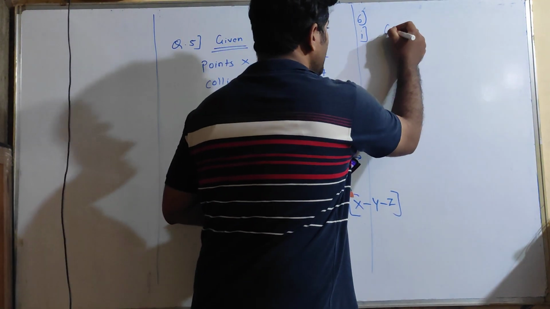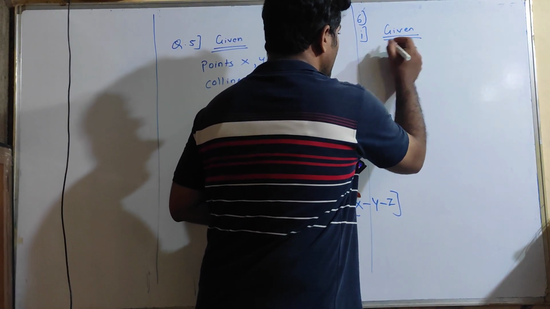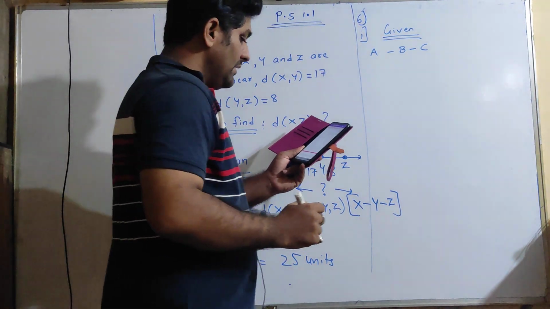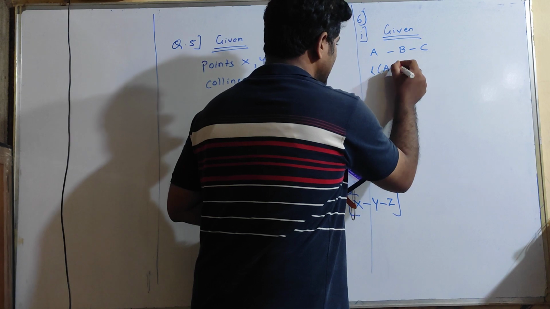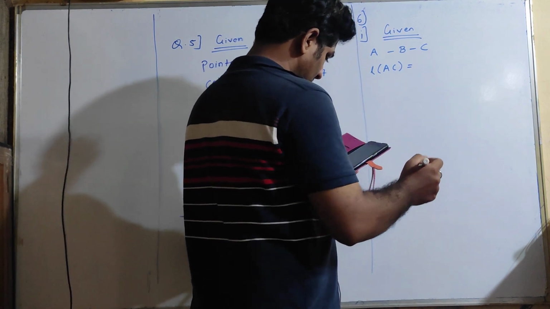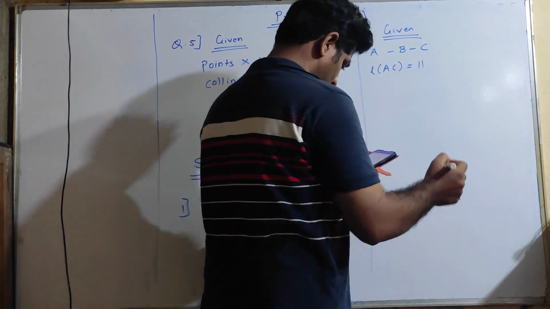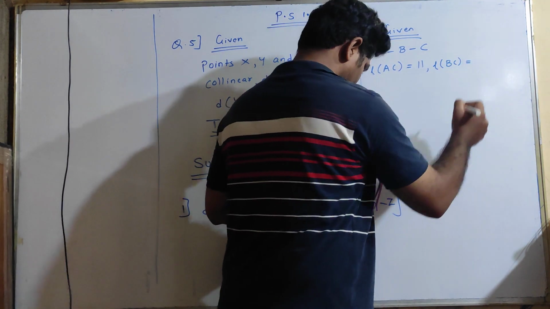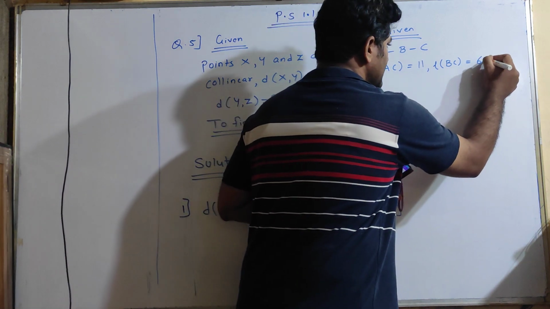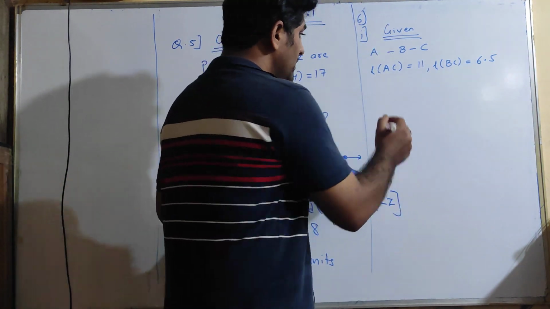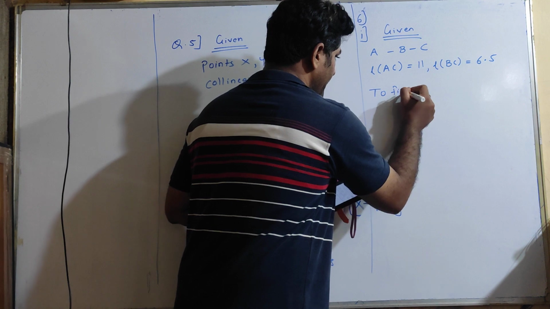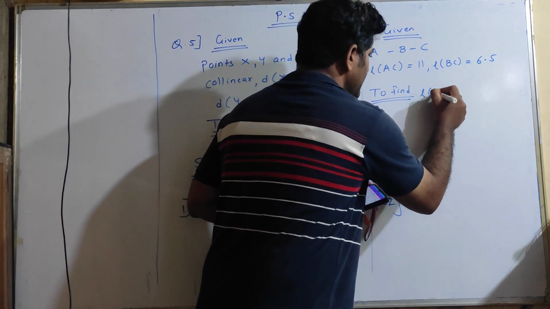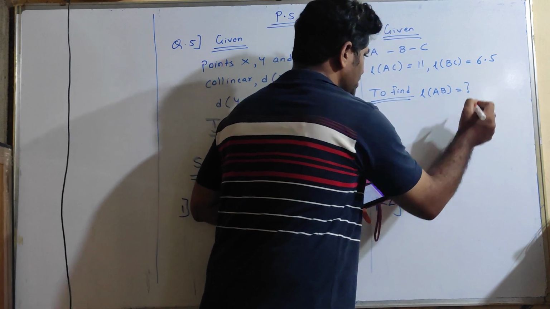First thing they have given you is a dash b dash c, then they have given you length of AC is 11, then length of BC is 6.5. To find is length of AB.